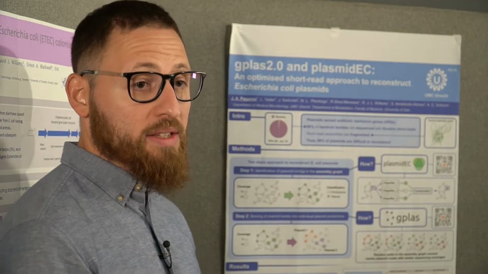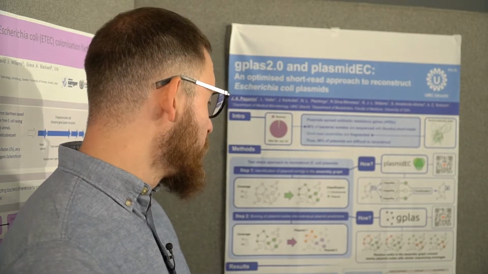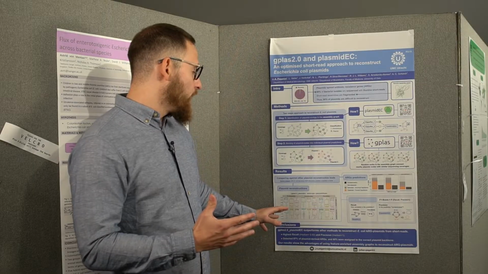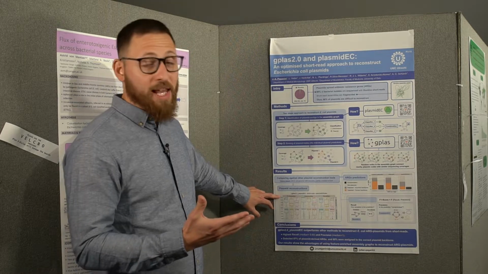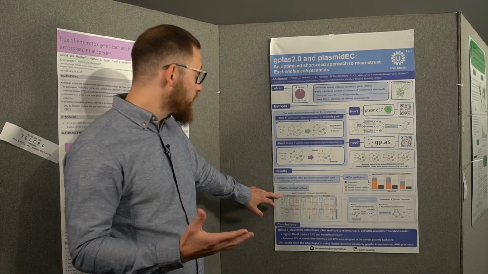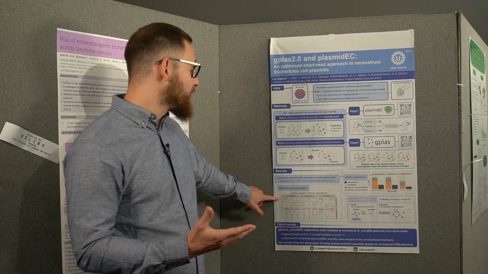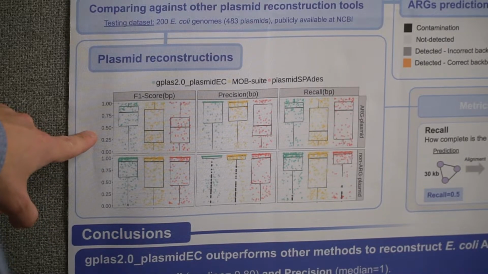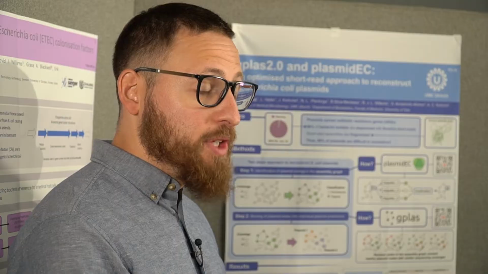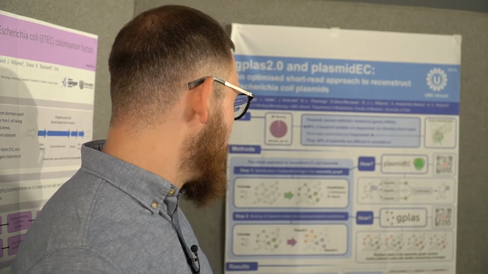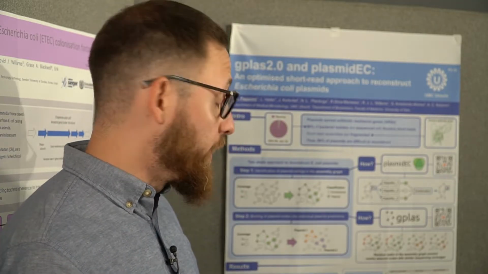So we evaluated the predictions made by the 3 tools using these metrics, and what we found is that our method, which is called G+ Plasmid-EC in this plot, presents a much higher F1 score than the other 2 tools. The difference between the other tools, it depends on the metrics that we are evaluating.